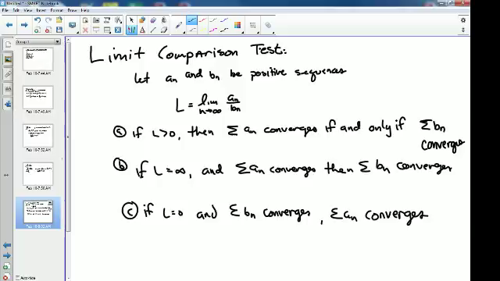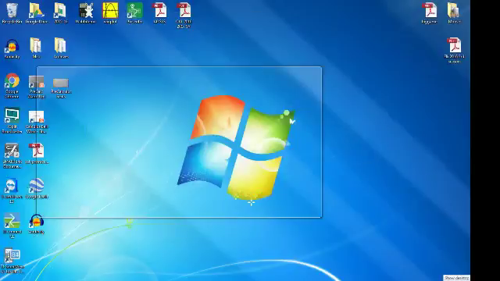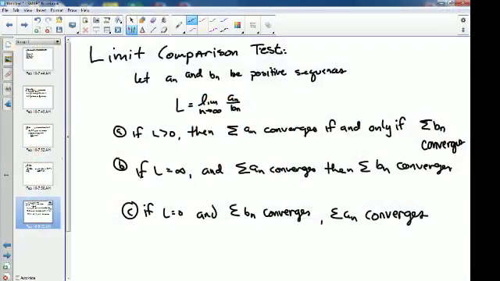Because B sub n is larger than A sub n. You can use the contrapositive on this too as well. If L is infinity, B sub n does not converge, A sub n does not converge. Right? You can use that logic to make that connection.